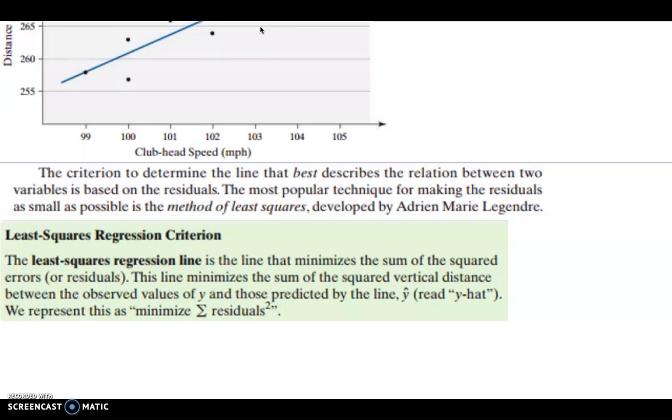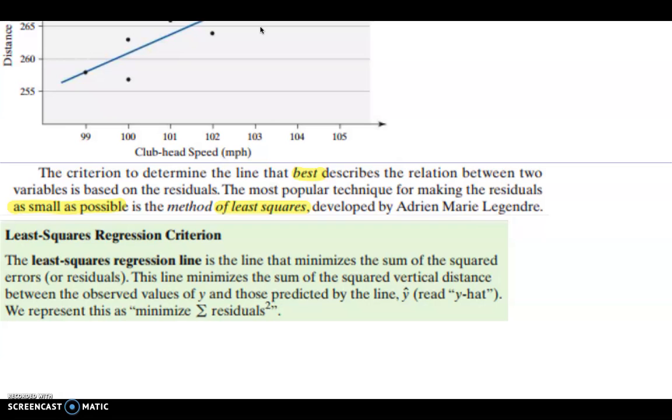So again, the line of best fit just takes a couple of points that fit and we create a line. But when we want to get the best determination to describe the relationship between the two variables, that's based off of these residuals. The most popular technique for making residuals as small as possible is the method of least squares.